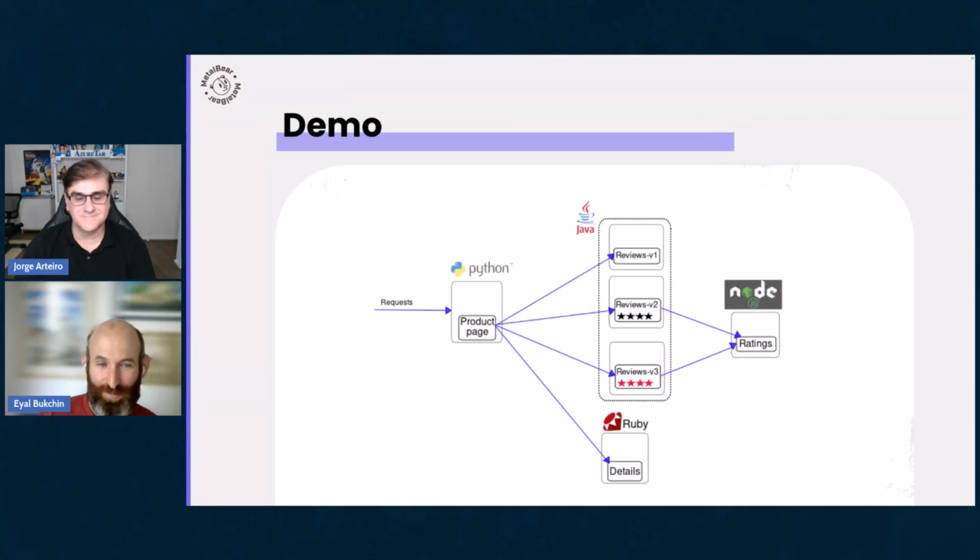And there's the product web server written in Python, which queries the reviews service and the details and ratings services, all written in different languages, to give you a composed page of info about a specific book.